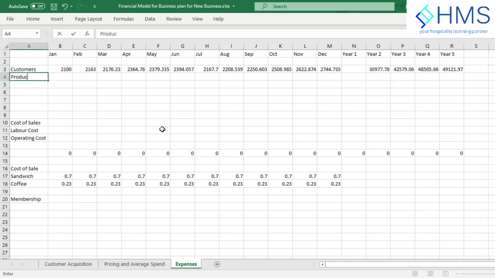Then we need to understand the product mix, because if we don't understand the product mix, you will not be able to capture the revenue.